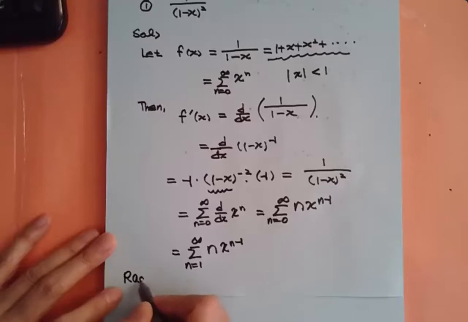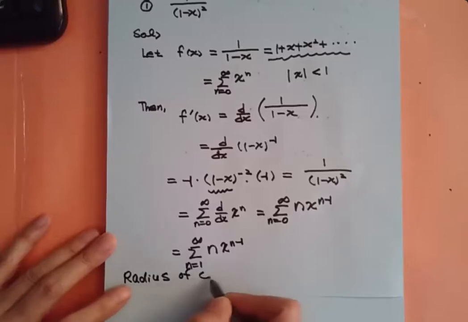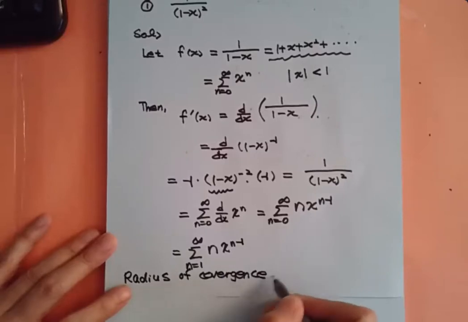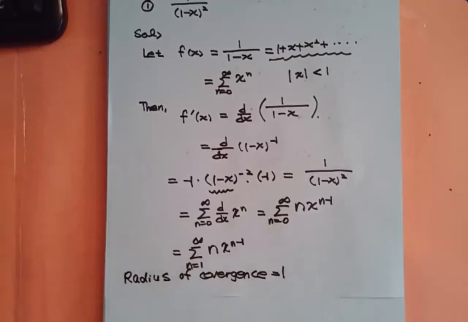So the radius of convergence is 1 because the integration and the differentiation of the original power series have the same radius of convergence and interval of convergence.